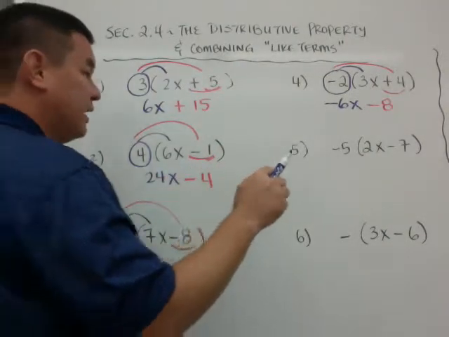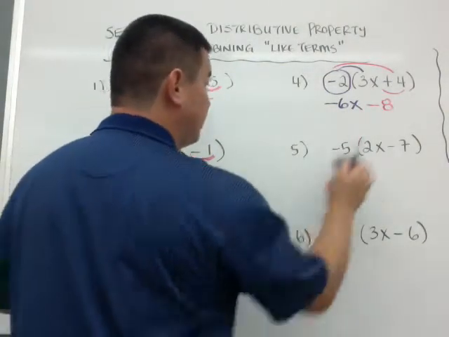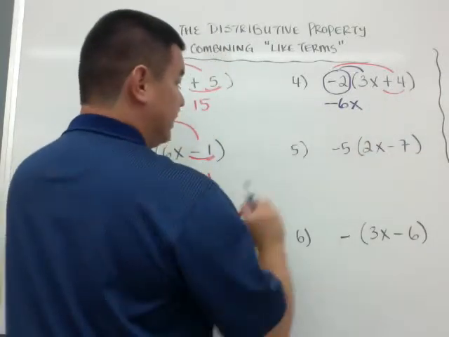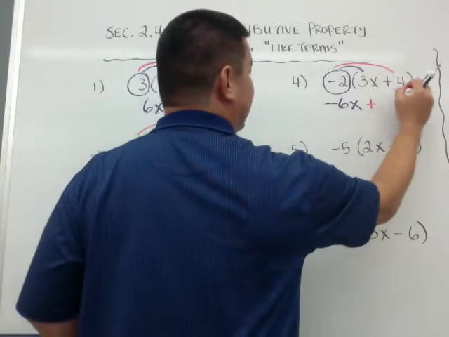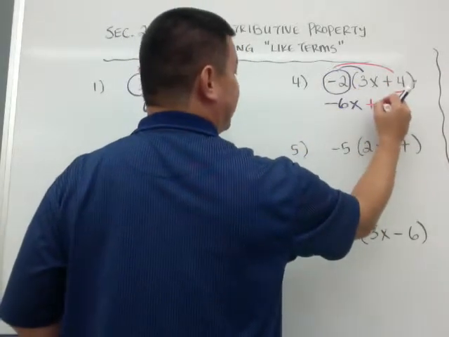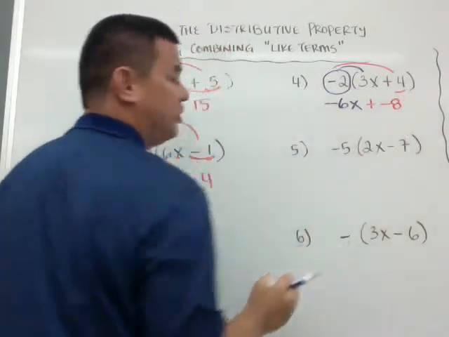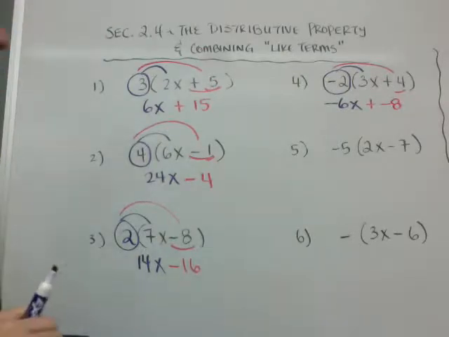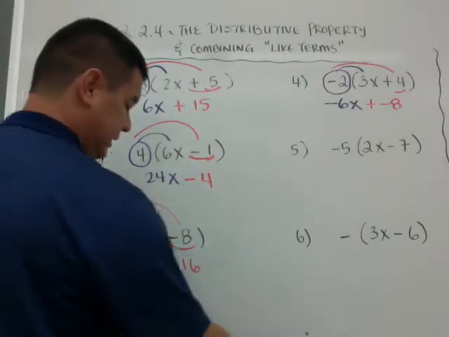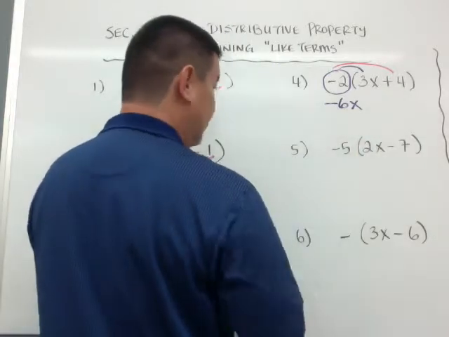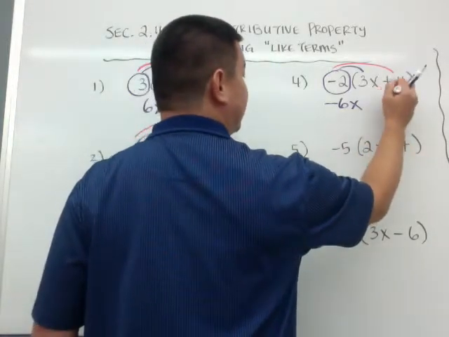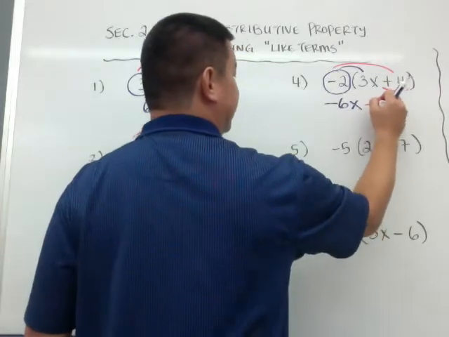Or again, if you wanted to think of it this way, you could drop down the plus sign, and then negative 2 times 4 is negative 8. And then you just rewrite it as negative 6x minus 8. But personally, I like to save that step. So I just think of it as negative 2 times positive 4 is equal to negative 8.